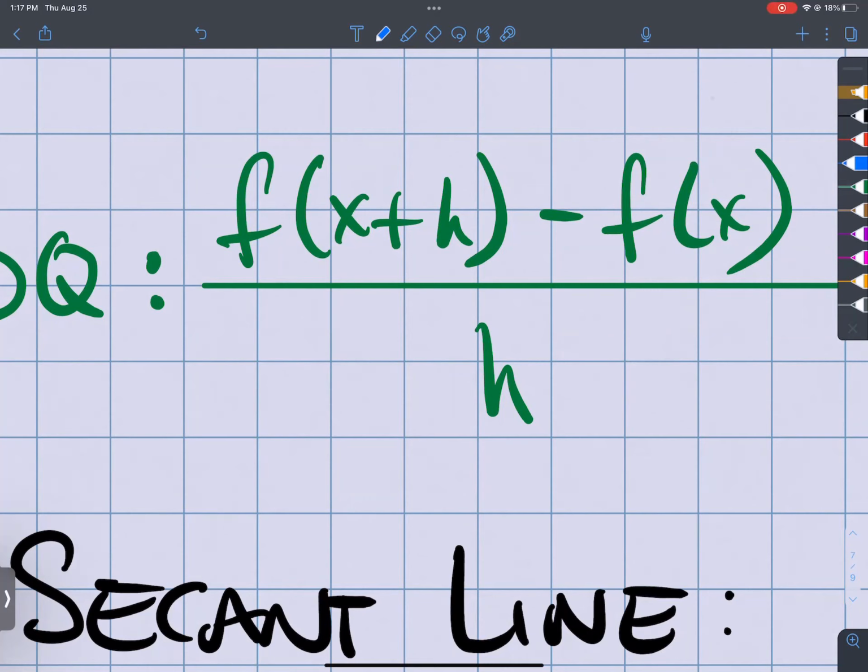Everybody see that? Because the width of it was 2, I just moved 2 places, and that is my f of x plus h. The difference of those two would just be my 8. You guys see that or no? Yes? Okay. So we have to be able to see that the difference quotient is my slope.